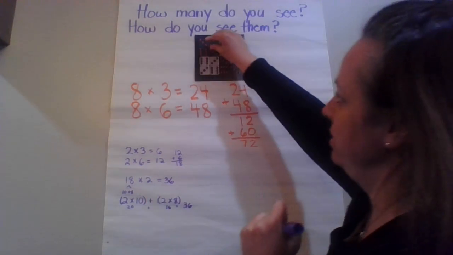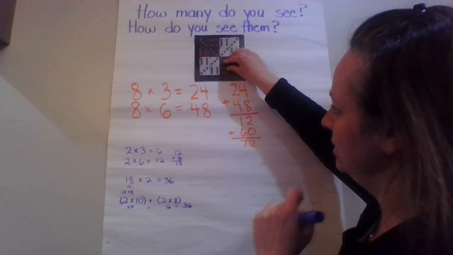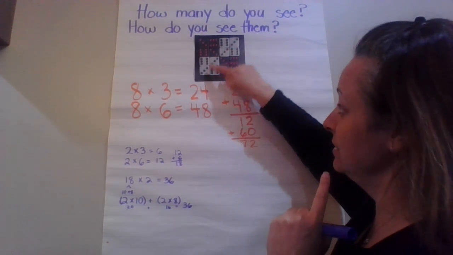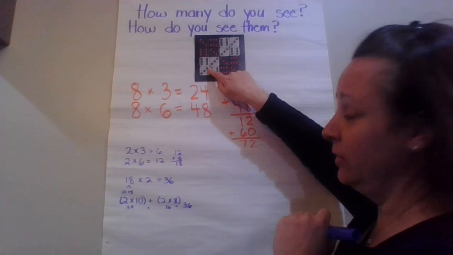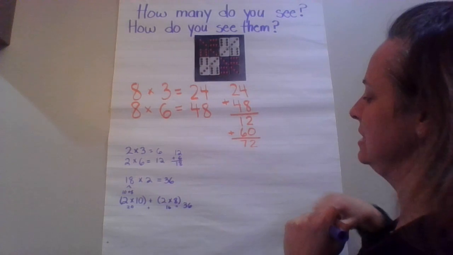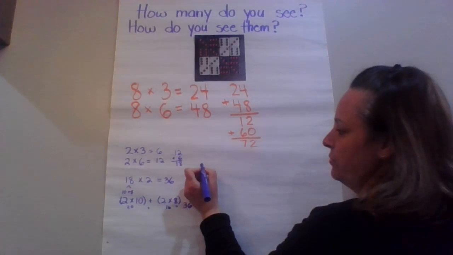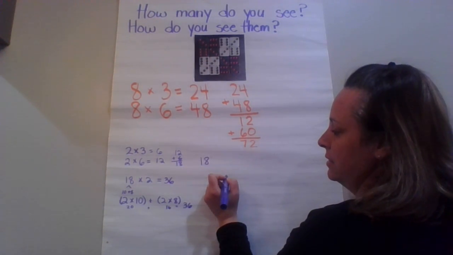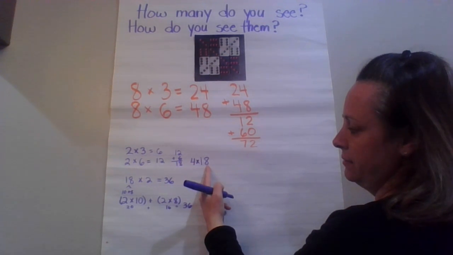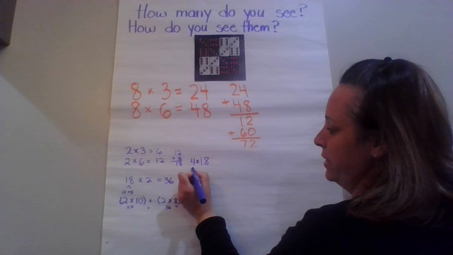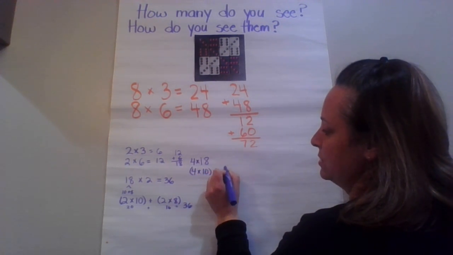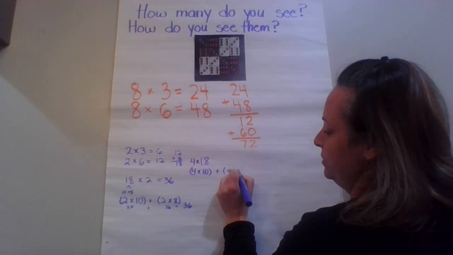Okay, so for this group, I have 18. I have this group of 18. Do you think this is the same? You're correct. Do you think this is the same? Correct. So I have 18, 18, 18, and 18. So I have 4 groups of 18. So I can do 4 times 10 plus 4 groups of 8.